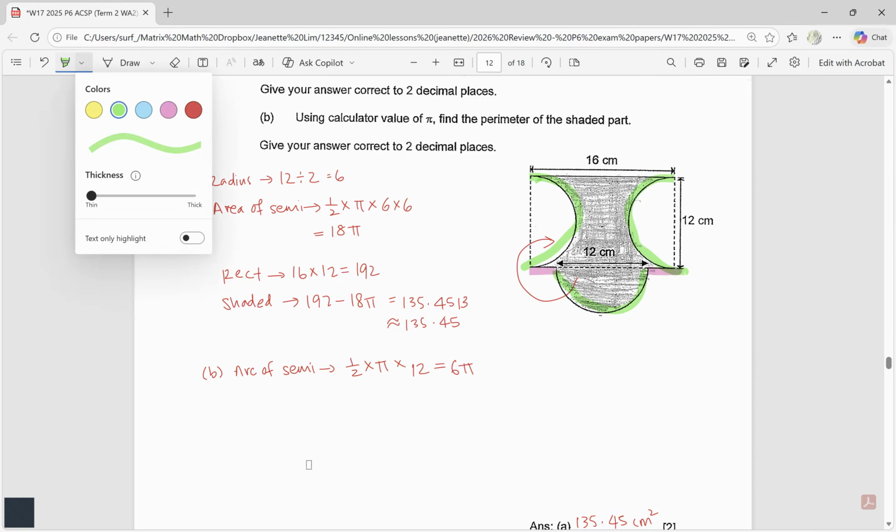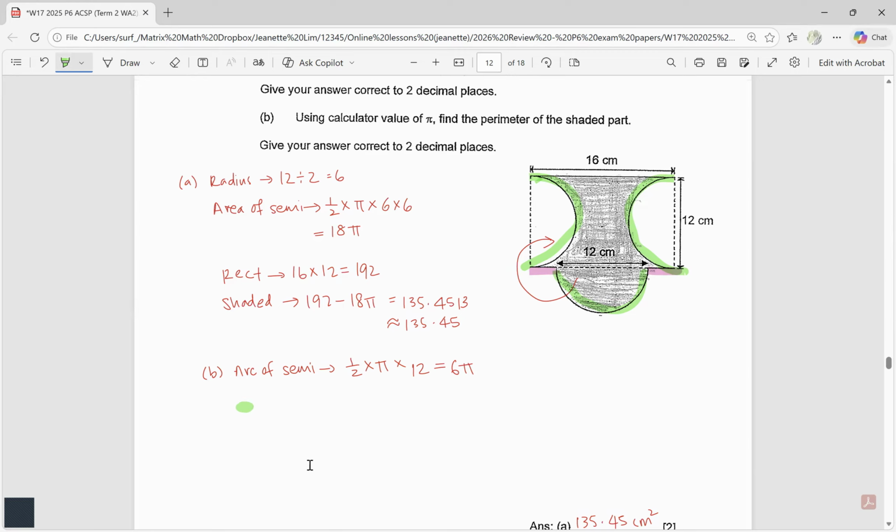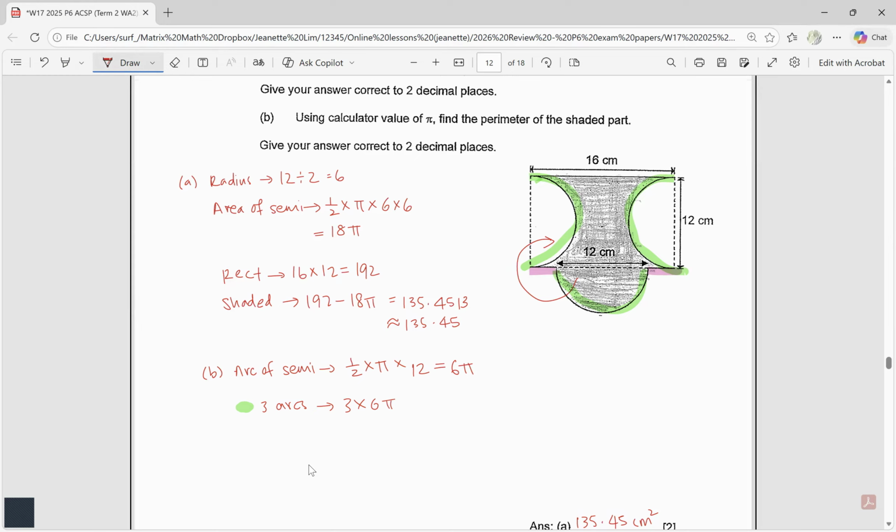Then now we'll find all 3 arcs. So 3 times 6 pi. Okay, 18 pi will be the ones in green.